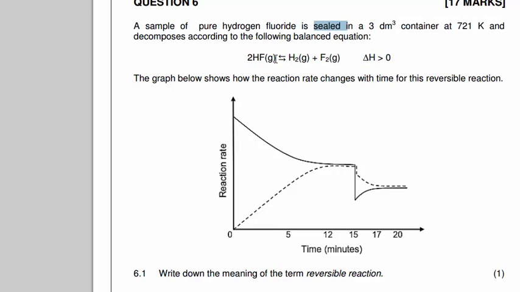Okay, now look at this. The effect on who is the biggest. Now remember, reaction rate for both will decrease if I take away heat, but it will affect who the most, the forward or the reverse reaction? Forward.